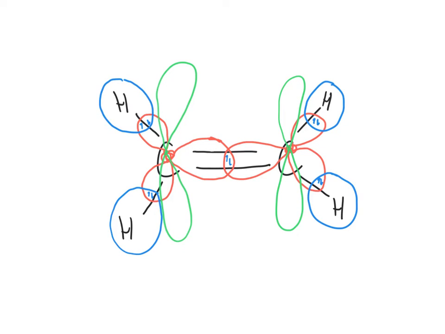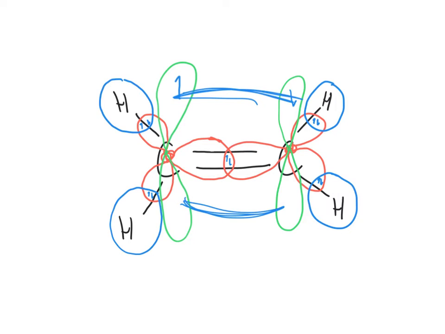And so we're going to have electrons from each carbon in these unhybridized p orbitals, and that will form an overlap above and below the molecule, making up our pi bond.